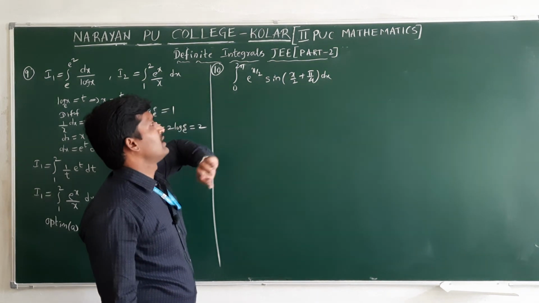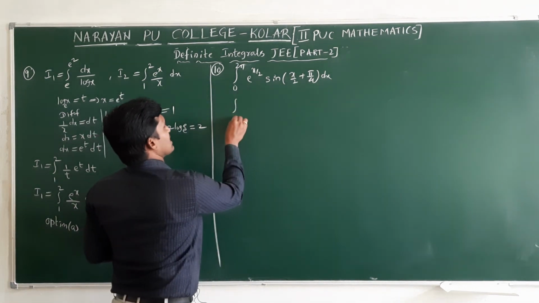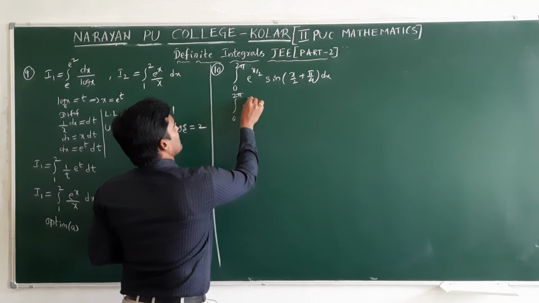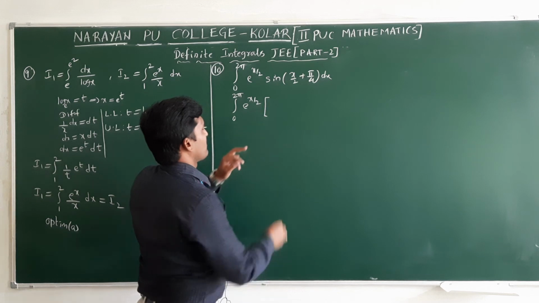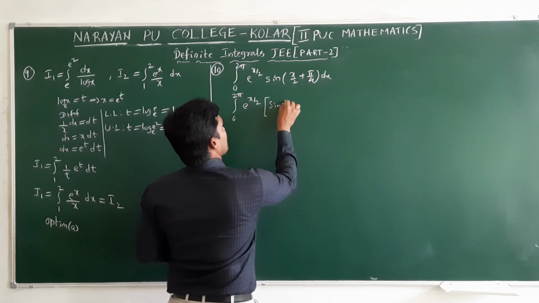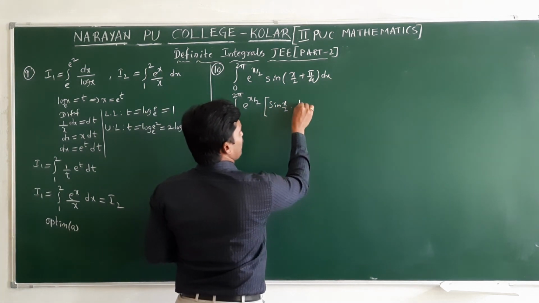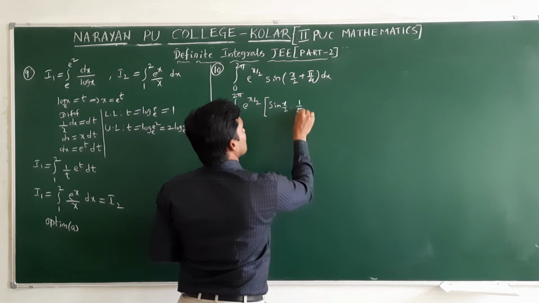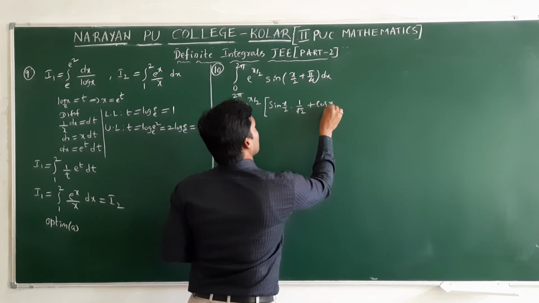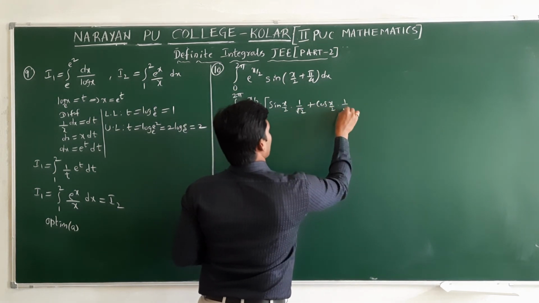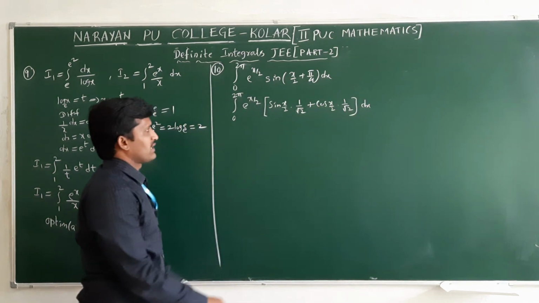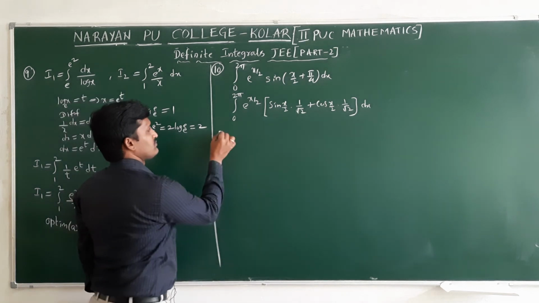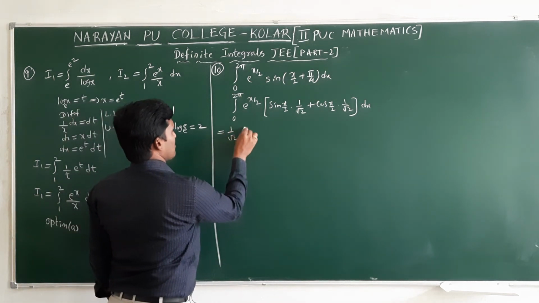In this case, we will simplify this value, the integral from 0 to 2 pi of e power x by 2, which is clearly in the form of the sine (a plus b) formula. Sine x by 2 into cos pi by 4, that is 1 by root 2, plus cos x by 2 into sine pi by 4, that is 1 by root 2, into dx. You can take 1 by root 2 as common, so 1 by root 2 is taken outside.